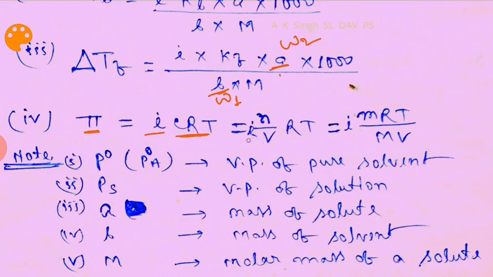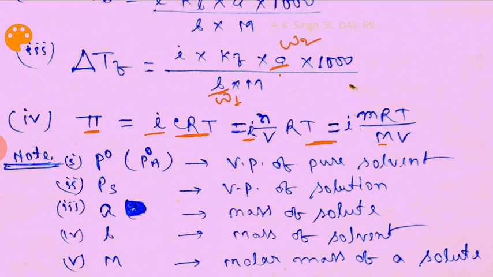Or you can write I into N by V RT, because C is concentration and concentration is number of moles dissolved per liter, N by V. And you can write it I into MRT by capital M into V, because N is the number of moles and number of moles is equal to given mass by molar mass. And these 3 equations help you in numericals.